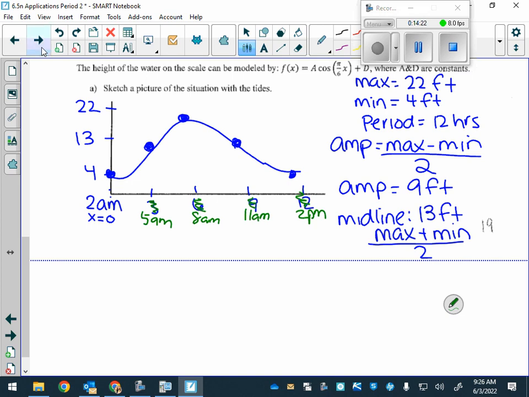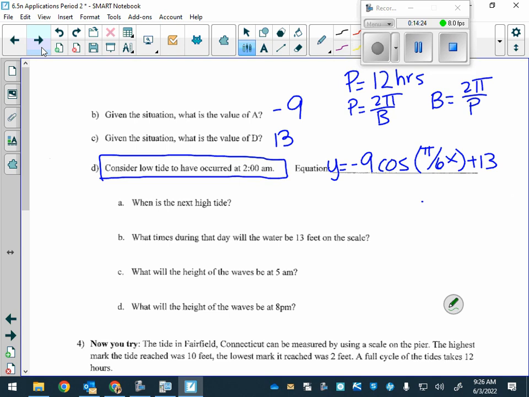Good. Excellent. Okay, so the first high tide is 8 a.m. Why is the next high tide 8 p.m.? Excellent. Okay, it's a full cycle.